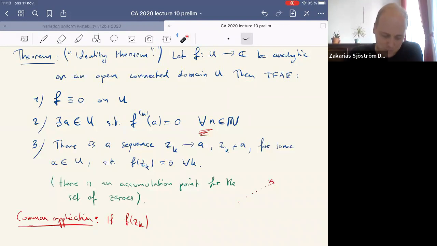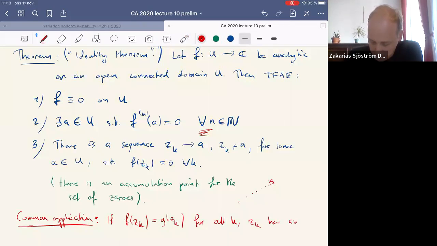So you have two functions, f and g, and when you look at their difference, then you get the following: f of zk is equal to g of zk for all k, where zk has an accumulation point. So for example, it could be a sequence that tends to 0, like 1 over n or something like that. Then it means that f is equal to g everywhere.